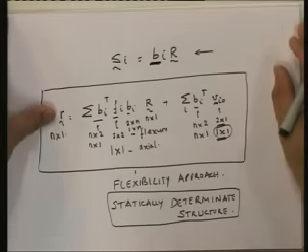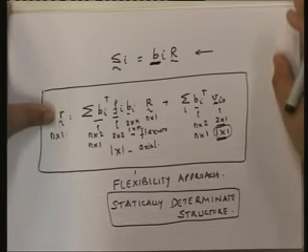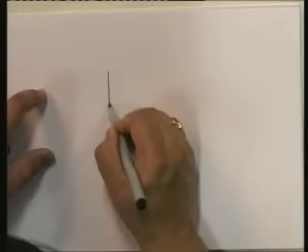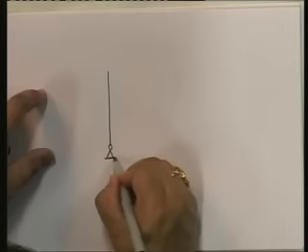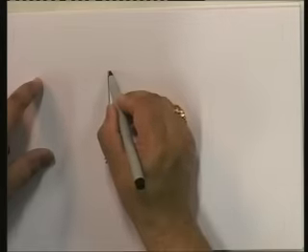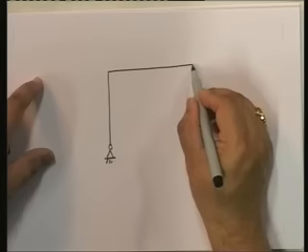Now let us see, once we have this, how we can apply it to a member. And for a beam, it doesn't make sense, so I'm going to take a frame. So let us take a frame problem and see how we deal with this. Of course, the frame has to be statically determinate.